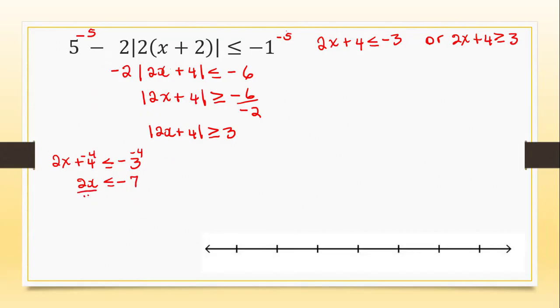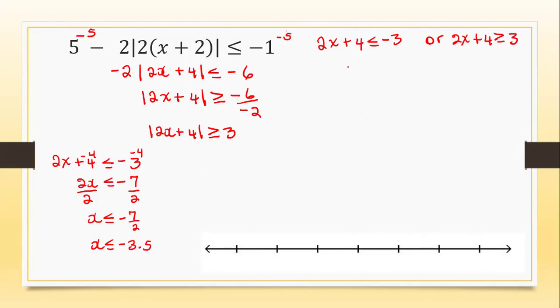Dividing both sides by 2, x is less than or equal to -7/2, or x is less than or equal to -3.5.